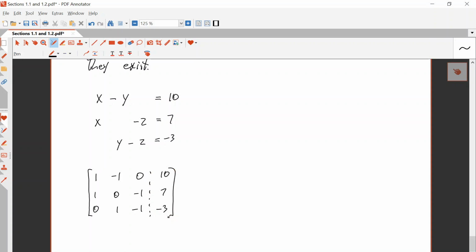Right? Just like before. So now I'm going to subtract row 1 from row 2 to get a 0 here. I've already got a 0 here, but now I want a 0 there. So the first row stays the same, and I'm just changing row 2: row 2 minus row 1.